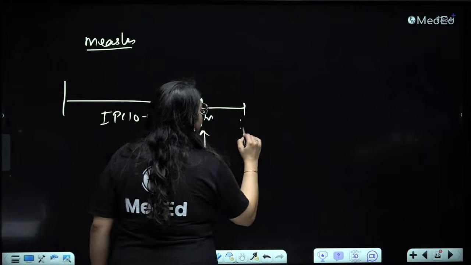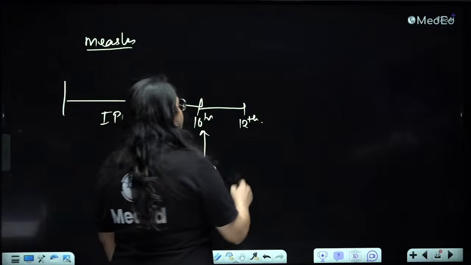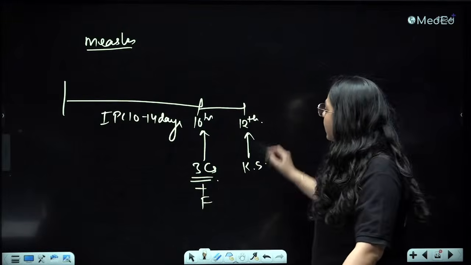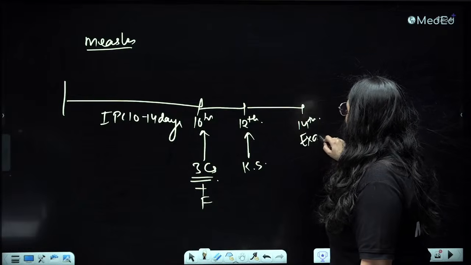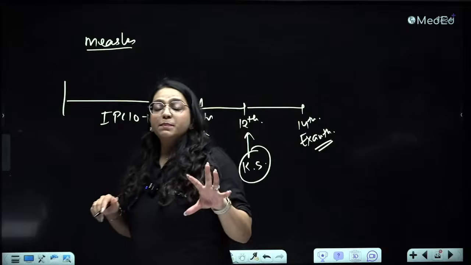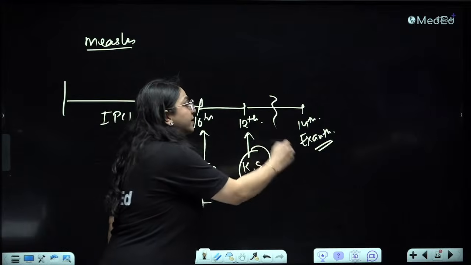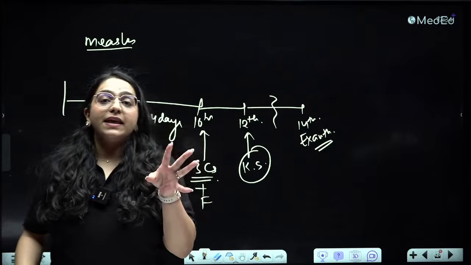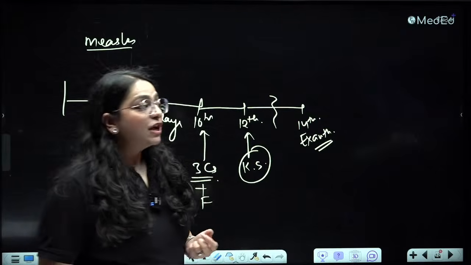Then 2 days after that, on day 12, there were the enanthems, the Koplik spots. 2 days after that, on the 14th day, there was the exanthem, the rash. And usually the Koplik spots would disappear with the appearance of the rash. However, we are somewhere here on the 4th day. So there might be a possibility of some overlap, and you can see the fading away of the Koplik spots.